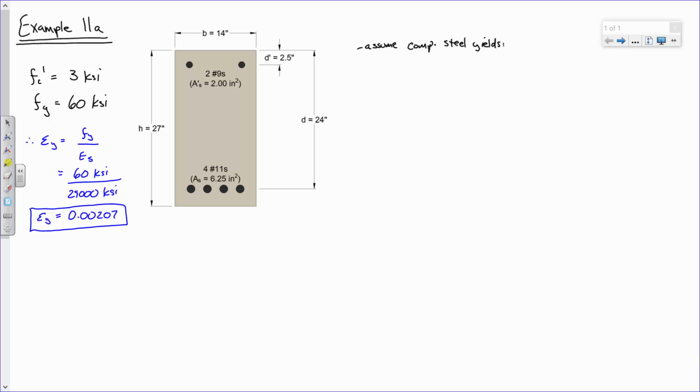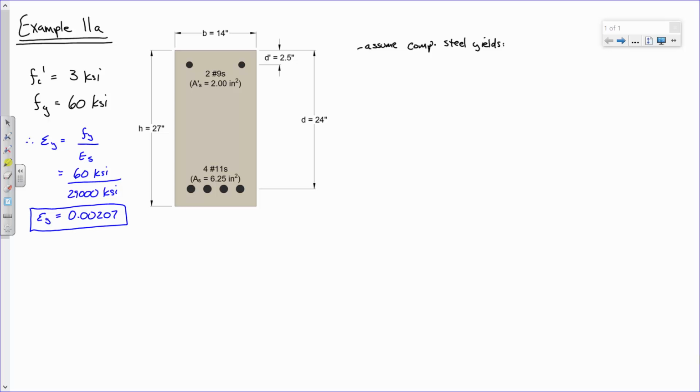Now, let's just do some fundamental analysis here. Let's go back to basics. Whenever you're analyzing a beam, the first thing that you have to do is determine where the neutral axis is. And you're determining that neutral axis using what principle? When we solved for A for singly reinforced beams, we solved for it based on what underlying principle with the beam?